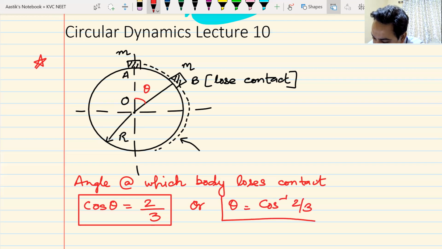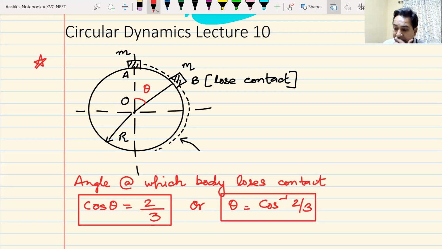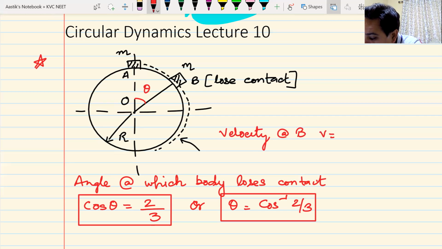And this is one information that you should always remember. If a question comes, it would be a straightforward question and you can write the answer straightforward. One more thing can be asked. What is the velocity with which it loses contact? So velocity at point B where it loses contact is given by root over R into g into cos theta.